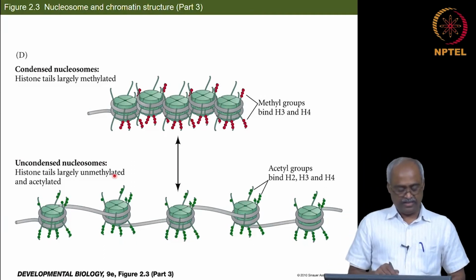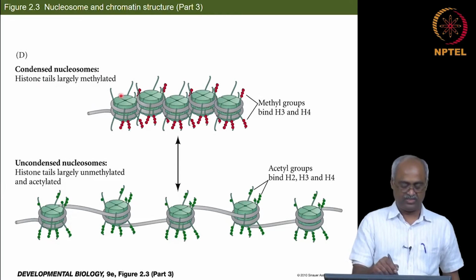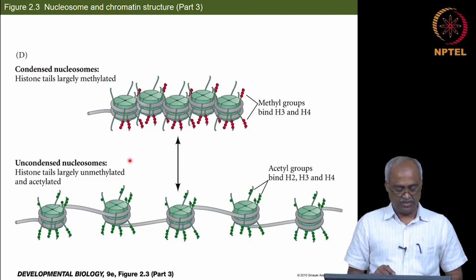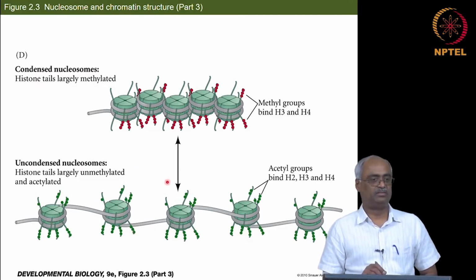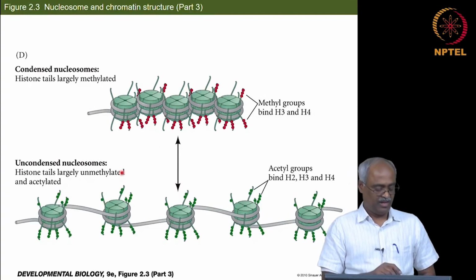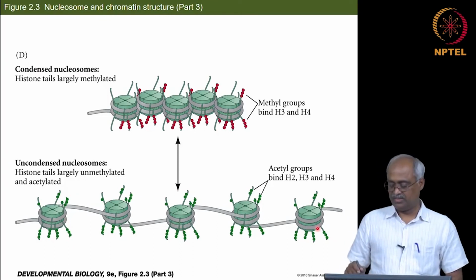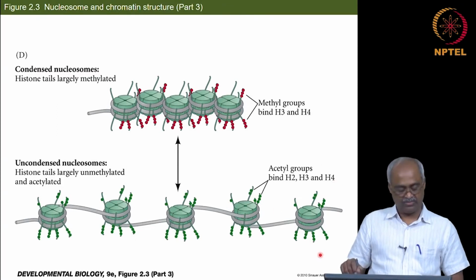And in uncondensed nucleosomes, where this one single structure is a nucleosome, the histones lack the methylation marks, not all of the methylation marks, but the majority of these, and they are usually acetylated. So, acetylation in H2, H3, H4 marks active chromatin.